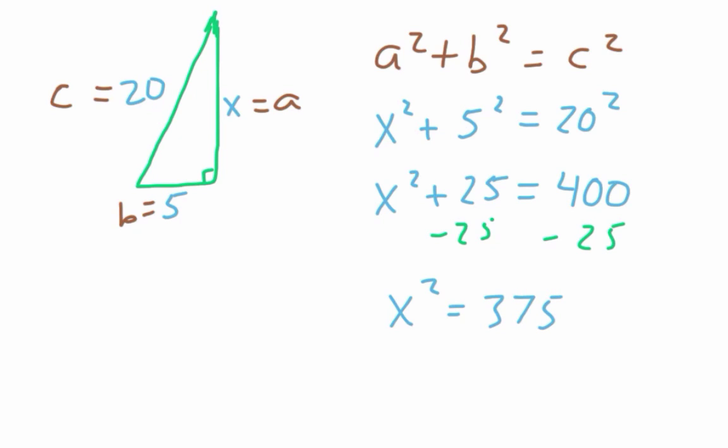And now to get X by itself, we need to undo squaring. How do we undo squaring? Square root. Perfect. Nice, Kayla. And I heard some others in there too. So we just have to grab a calculator and say square root of 375. Sometimes people will leave their answer as square root of 375 because that's an exact answer.